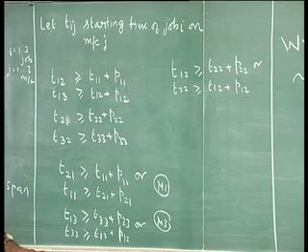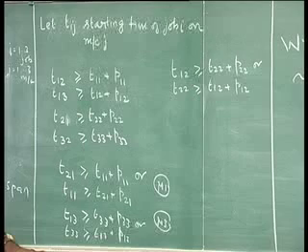Now, for BC, T22 is greater than or equal to T32 plus P32, or T32 is greater than or equal to T22 plus P22.